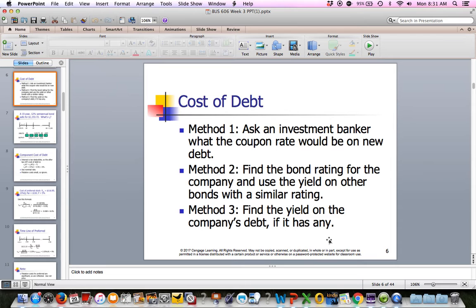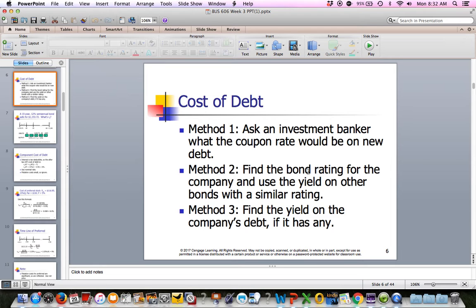I could go to an investment banker and say, if I did this, what's the coupon rate of interest that I would incur? Method 2, I could find the bond rating for the company and use the yield on bonds with a similar rating. So basically I can find out what is my bond rating, and there are companies out there called ratings agencies. S&P and Moody's are the bigger two, and what they do is they rate any company or any government that issues bonds and gives them a rating.